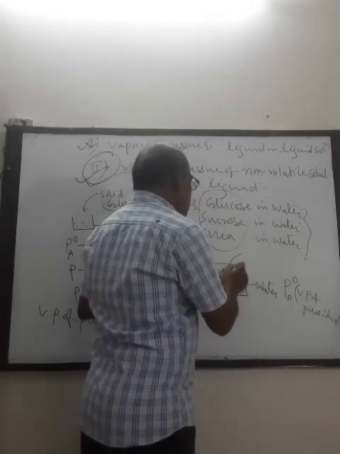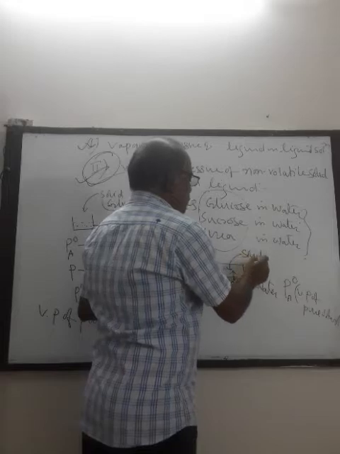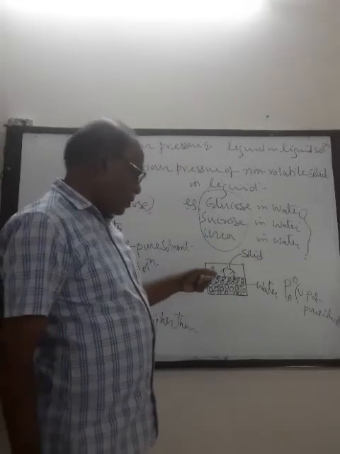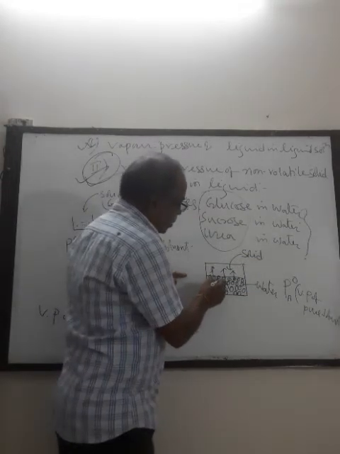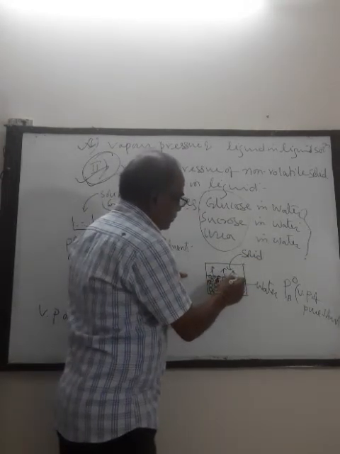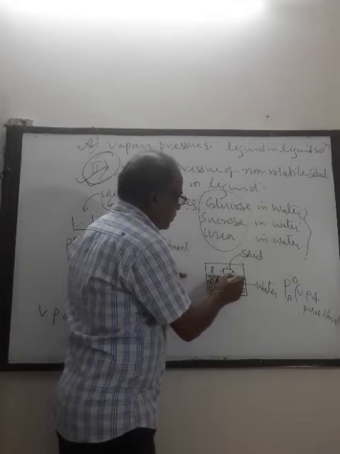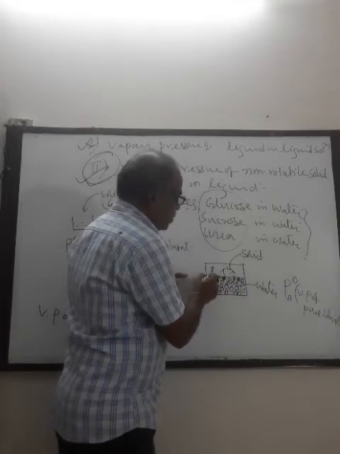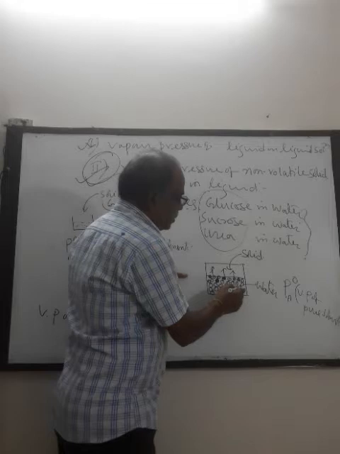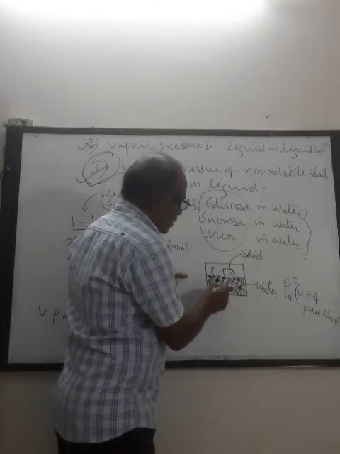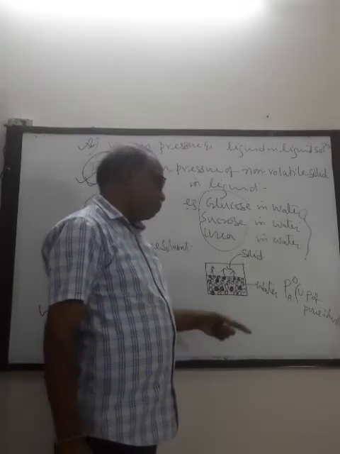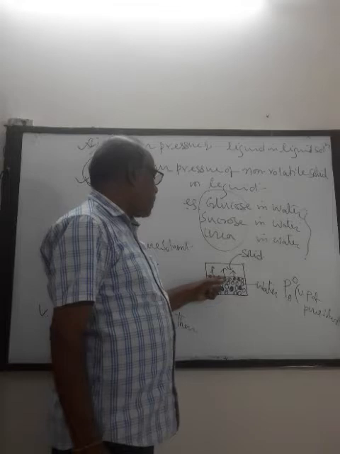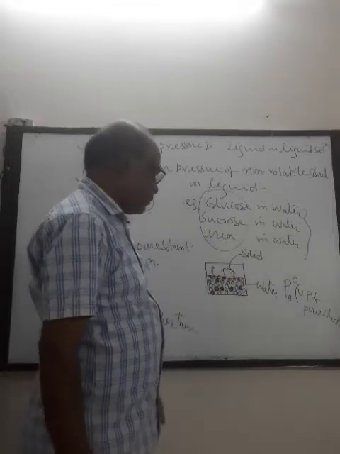Now if some solid is added to the water, a homogeneous mixture is obtained, where both solvent and solute are present. Here the white ones represent water and the black ones represent solid.